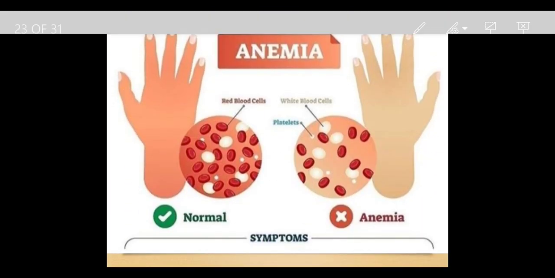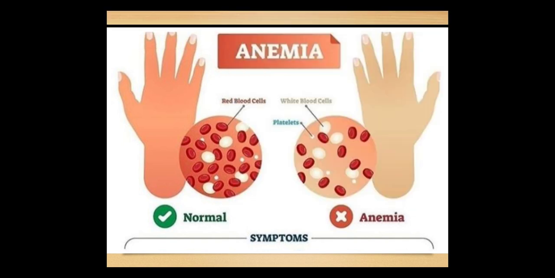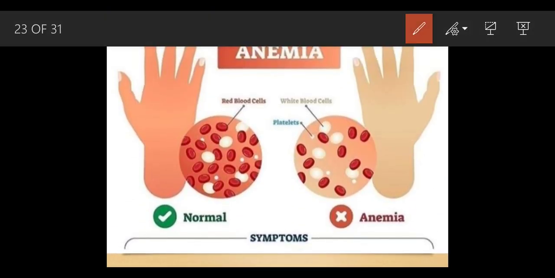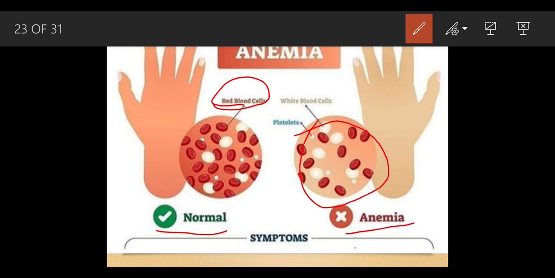This is anemia. See, if you notice one thing, this is a normal hand in which there is a high amount of RBCs. But in the case of anemia, you can see there is a very small amount of RBCs. See this part and this part. There is a large amount of RBCs here and a small amount in the case of anemia.